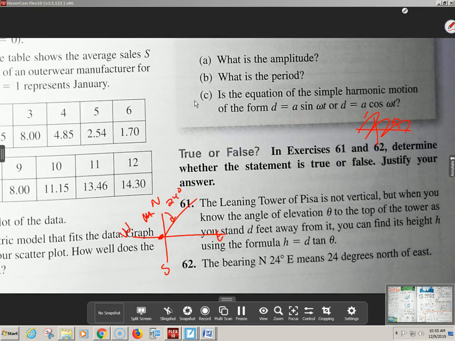You start to the north or the south, and then you turn towards the east or the west. So when this says 24 degrees north of east, they're going the wrong direction. Why would you start from east? Start with north and then turn east. Anyway, once again, not giving you crazy, super hard bearing questions, but curious if you would go figure out what a bearing is and how it works.